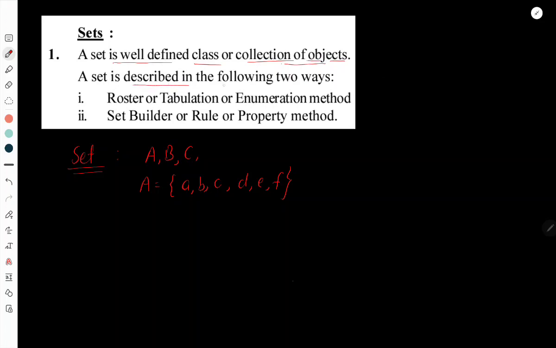A set is described in the following two ways: roster form, or tabular form, and set-builder form, or rule form.